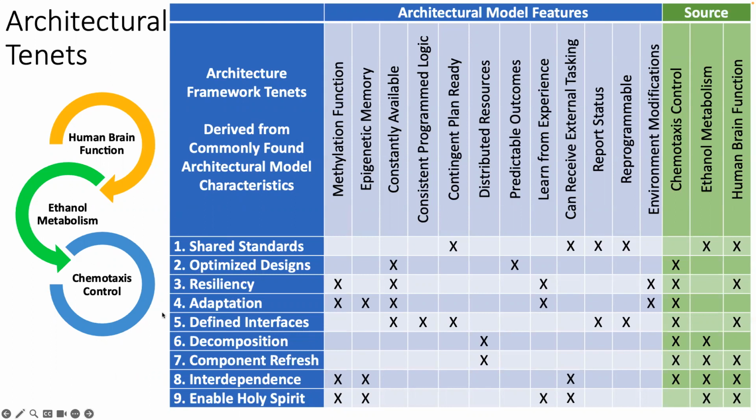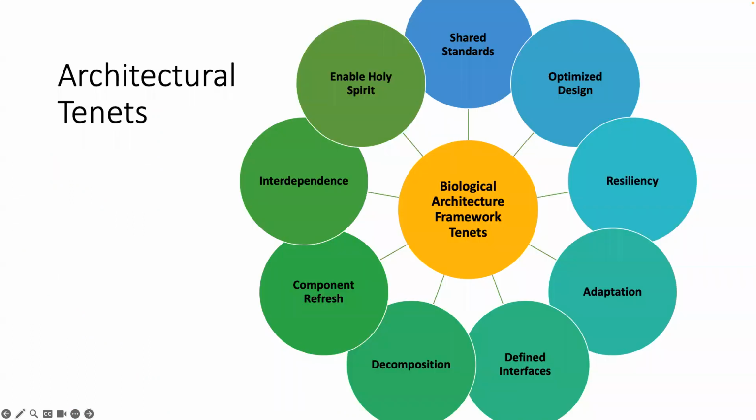The output of this type of process is to come up with these different types of tenets. And that's what I'm going to be taking as a takeaway from this part of the presentation, these types of architectural tenets. So this is just a different way of showing those.